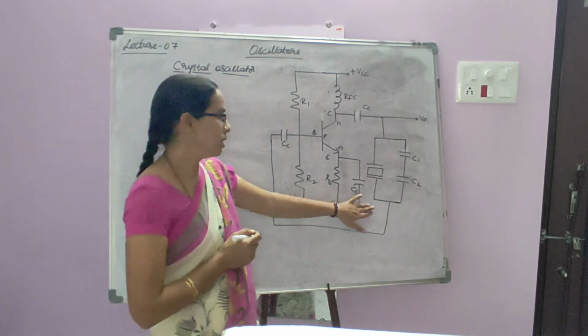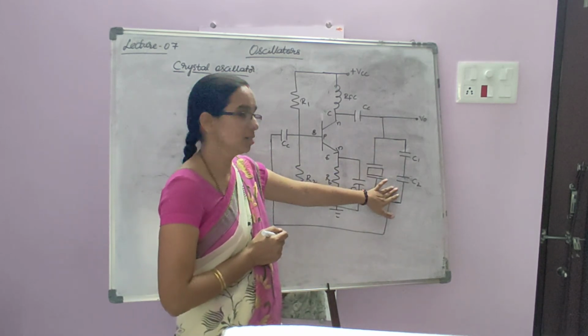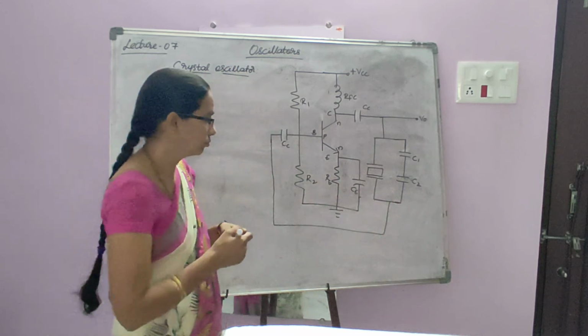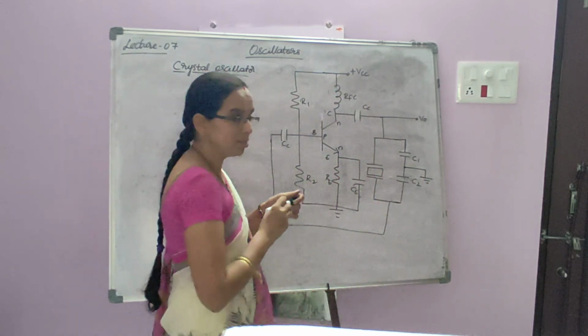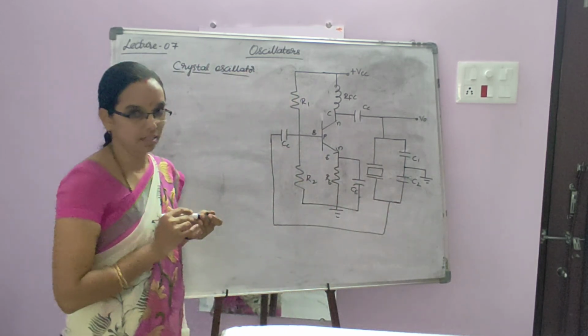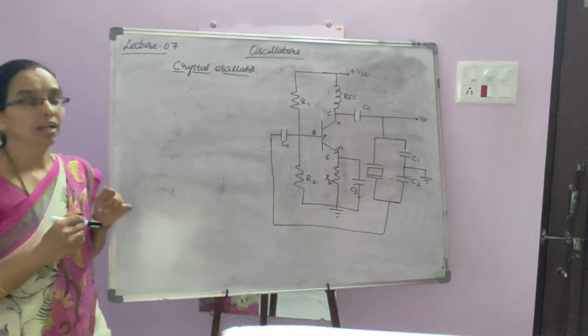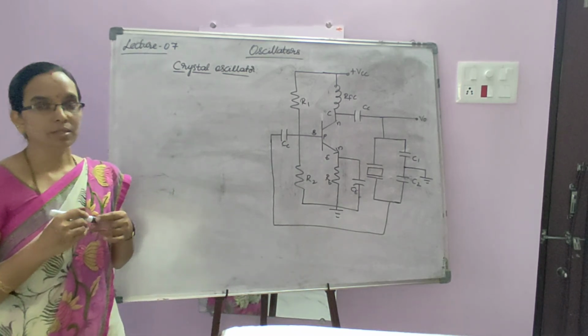And in the feedback circuit we have connected a crystal along with two capacitors. It resembles a Colpitts oscillator, only thing we have replaced the inductor by crystal, because at parallel resonance what happens?